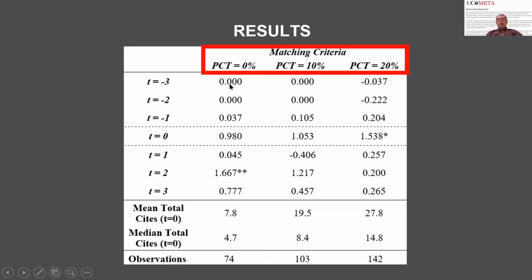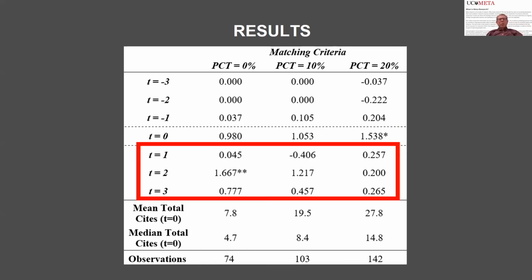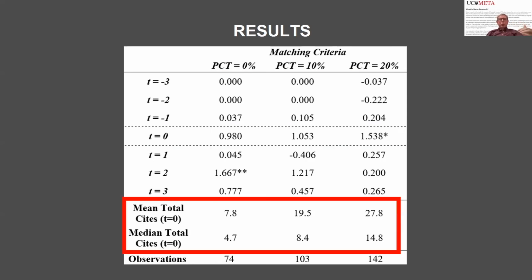All right, so up on the top are my 3 matching criteria, and then the top panel represents the yearly regressions for the 3 years prior to the treatment. The next panel down here represents the individual year regressions for the 3 years of the post-treatment period. And as a point of comparison, I also include the mean and median citations of the original studies at the time the replications were published.